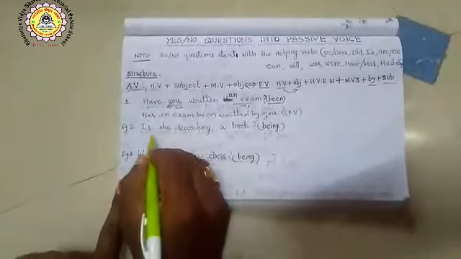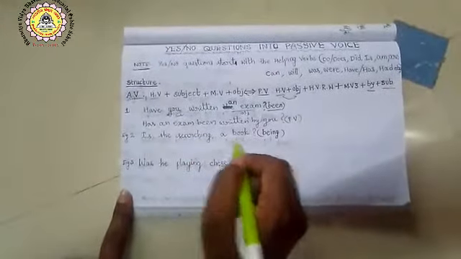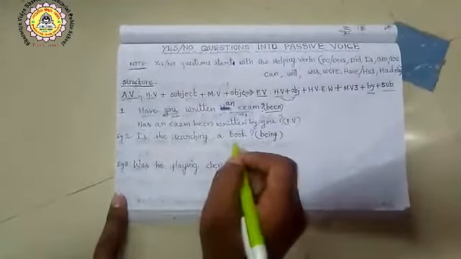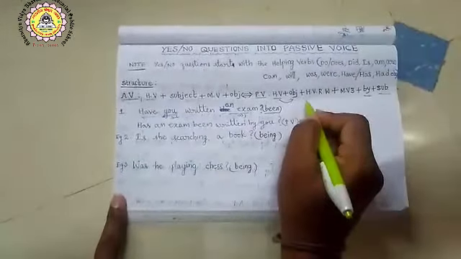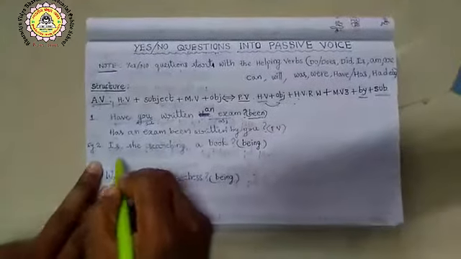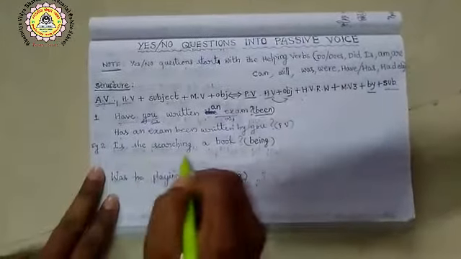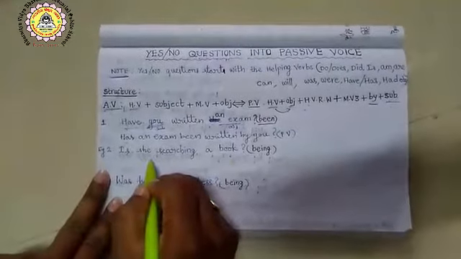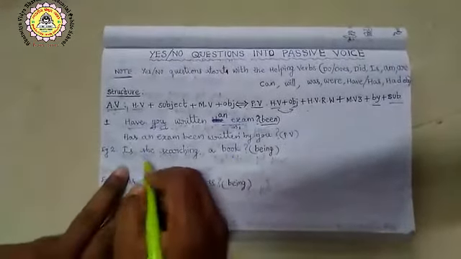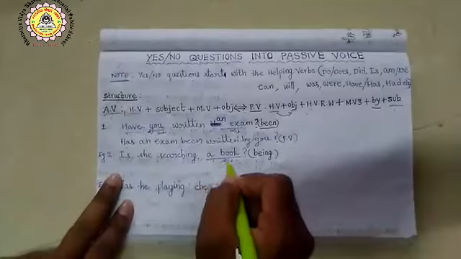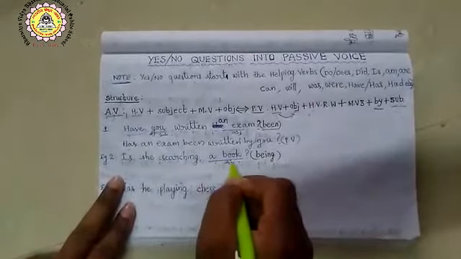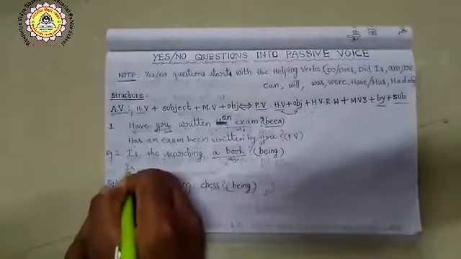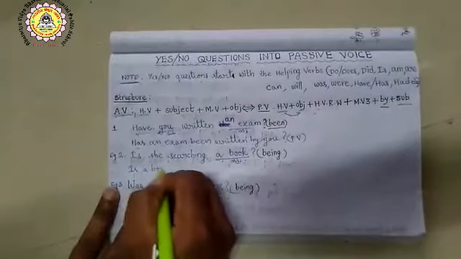Let us see example 2. Is she searching a book? It is in present continuous tense. For this also we have to follow this structure. A book is the object here. The helping verb related to the object is is. Is a book.